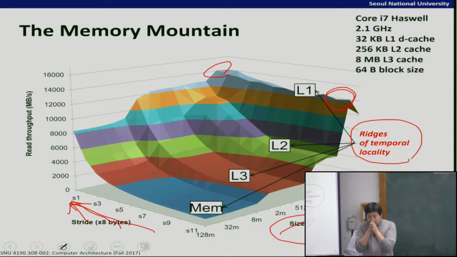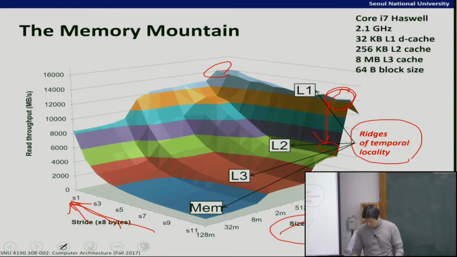But if you keep increasing the array size, eventually the array will not fit in the L1 cache. So there's a very dramatic performance drop once your memory size becomes larger than the cache size. Then the array will fit in the level 2 cache.